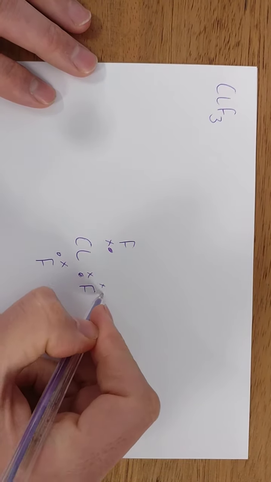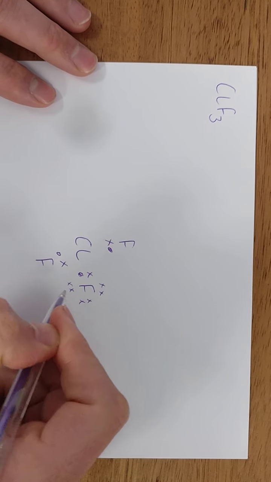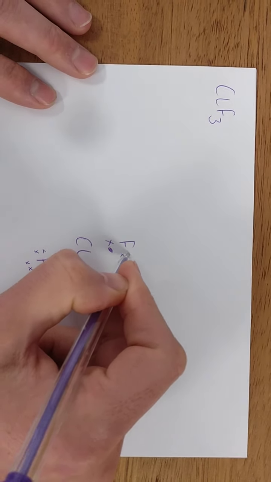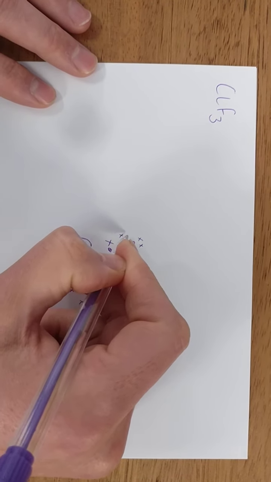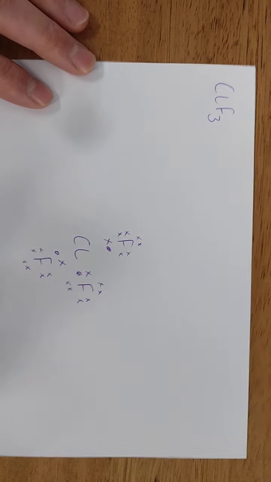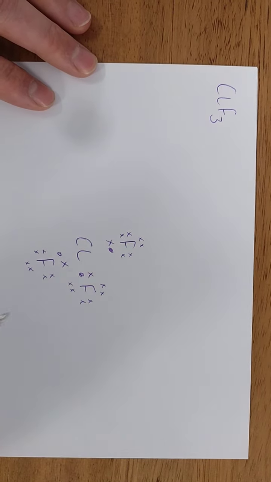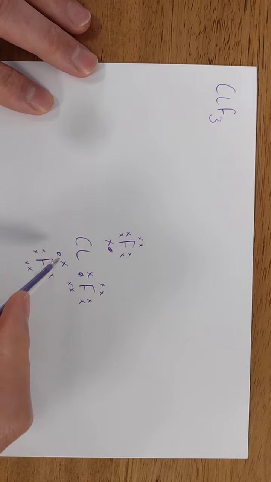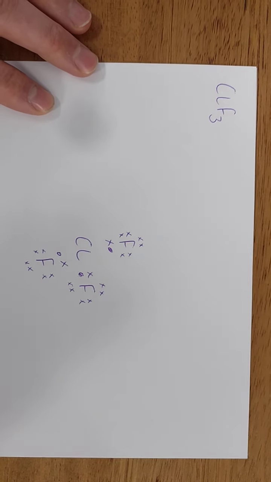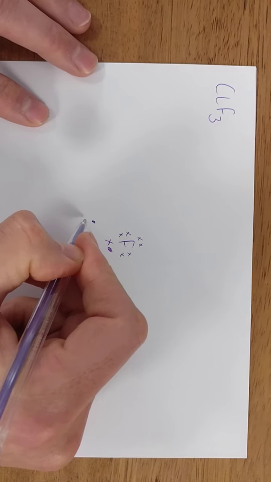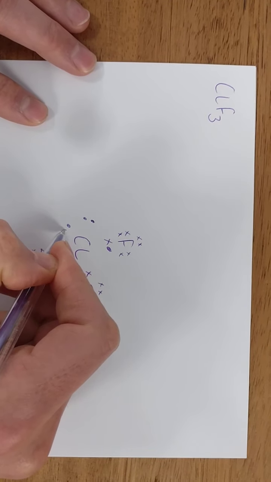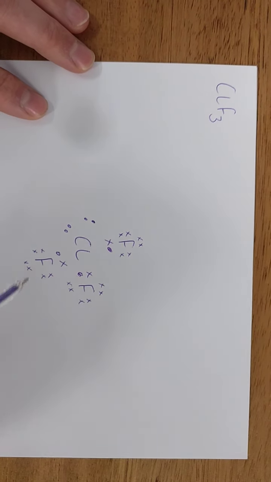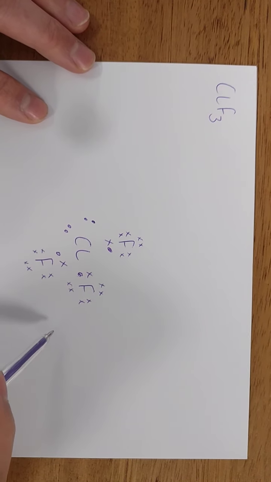Fluorine being in group 7, 7 electrons in the outer shell, I need to make sure once again that I've drawn the outer shell electrons of all of the atoms. But I haven't actually finished drawing them for chlorine here, because I've got 3 outer shell electrons involved in this bonding, but chlorine's in group 7 as well. It's also got 7 electrons in its outer shell, of which I've only drawn 3 so far. So the remaining 4 sit over to the side, and as we've met so far, when we're talking about electrons, we're talking about them being paired up.